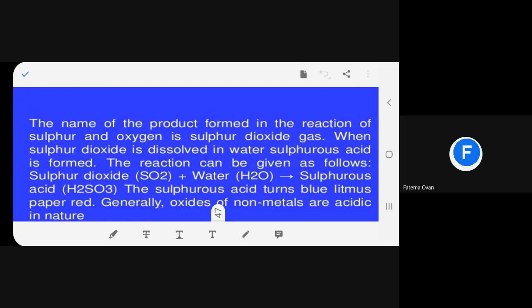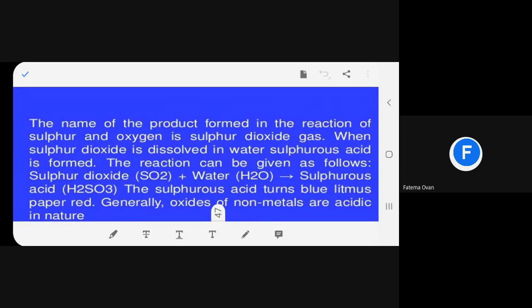The reaction can be given as follows. Sulfur dioxide plus water gives sulfurous acid. The sulfurous acid turns blue litmus paper red. Generally, oxides of nonmetals are acidic in nature.